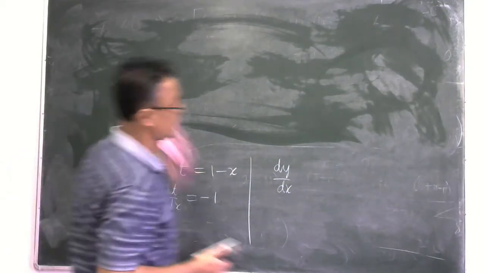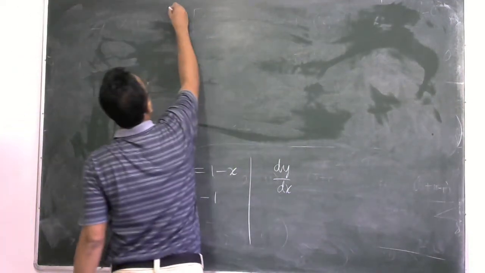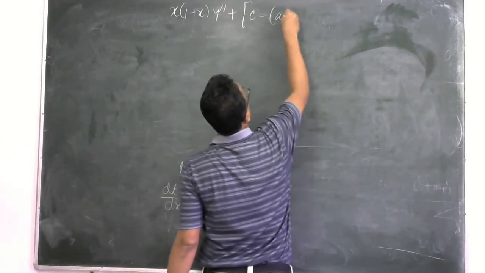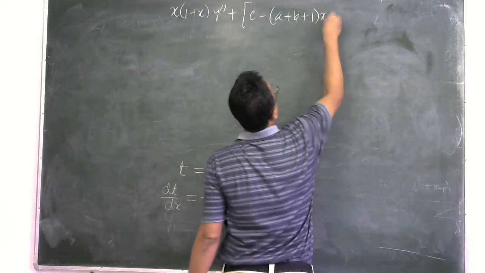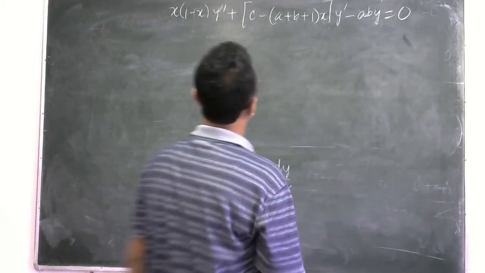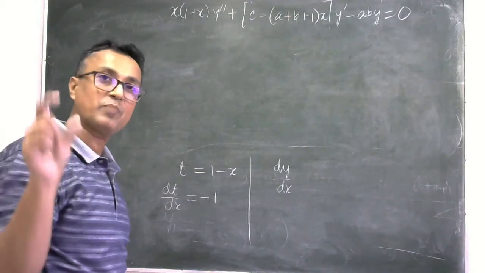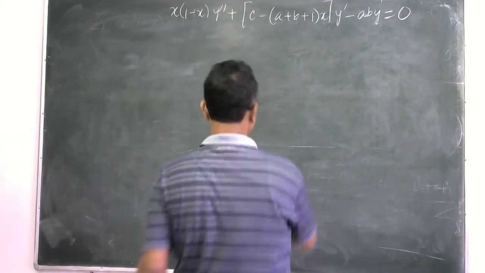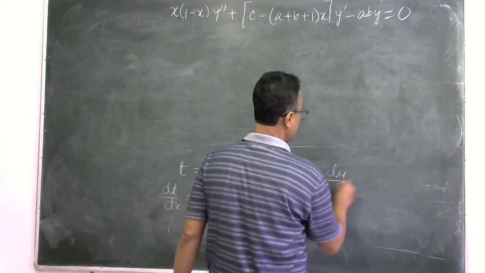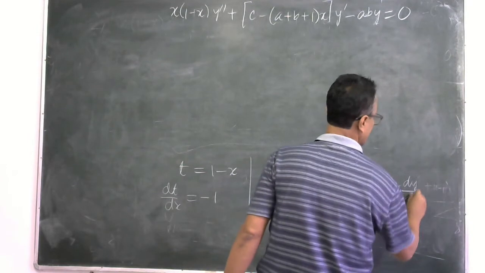Where y prime, y double prime denote differentiation with respect to x. Because I have changed the variable from x to t, dy/dx is dy/dt times dt/dx, so this is going to be minus dy/dt.